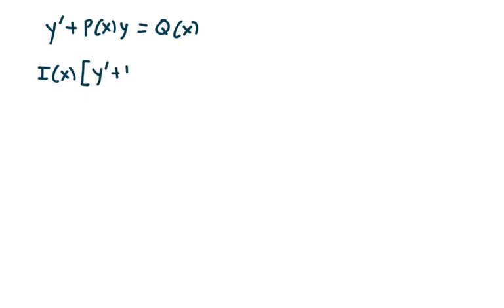So this is what we're going to do. We're going to start with y prime plus p of x y equals q of x, and multiply both sides by I of x. So I of x times y prime plus p of x y is equal to I of x q of x.